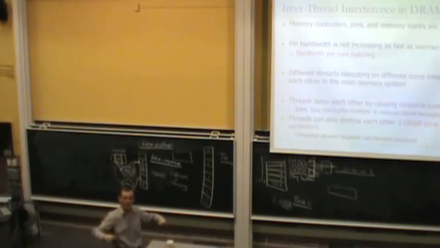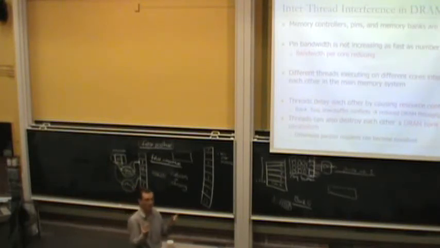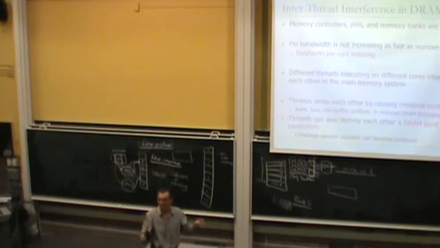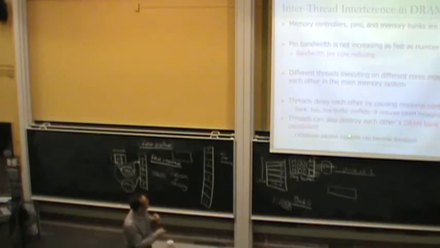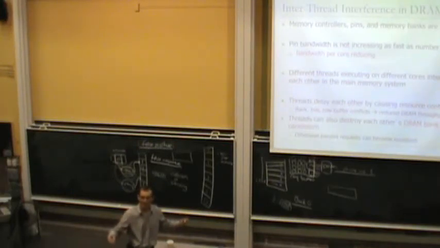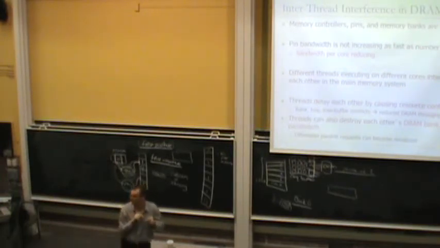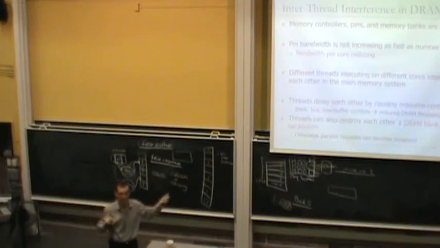And all of those latencies will overlap. So the thread essentially stalls, waits for only one of those requests, because you're overlapping the latency in the different banks. But if you don't handle this interference well, if you have multiple threads, even though that thread has multiple requests to different banks, other requests can get delayed in the banks. Which means that all of those requests can be served serially instead of in parallel. And we will see that this is a problem.